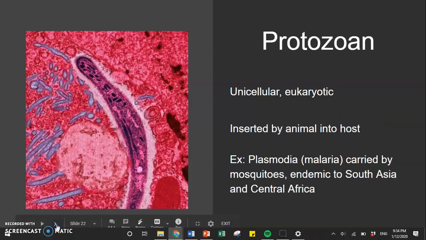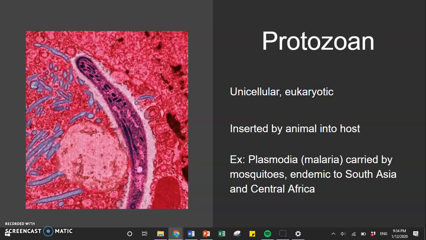And next we have protozoa, which is on the left. They're unicellular and eukaryotic, and they're inserted into an animal by a host. What I mean by that is this one on the left is Plasmodia, which causes malaria, and they're carried by mosquitoes.